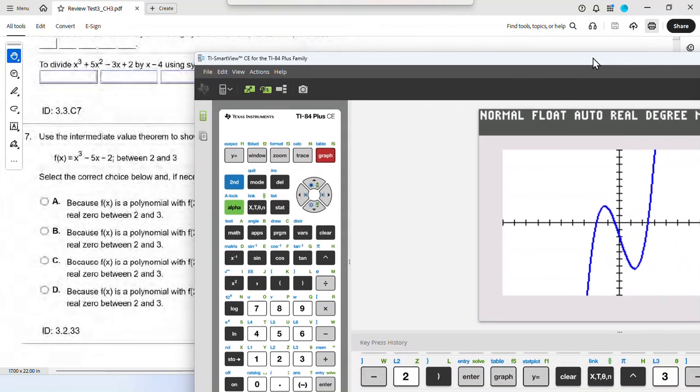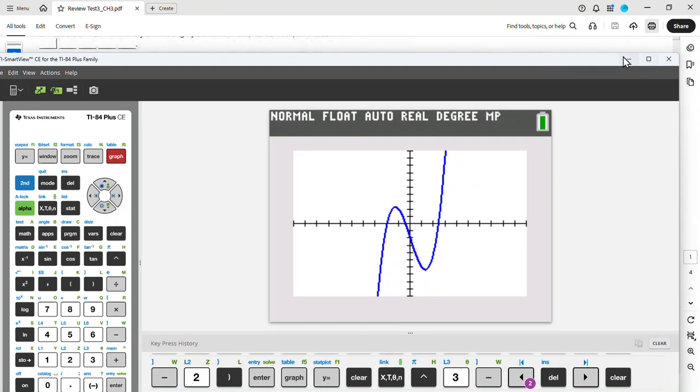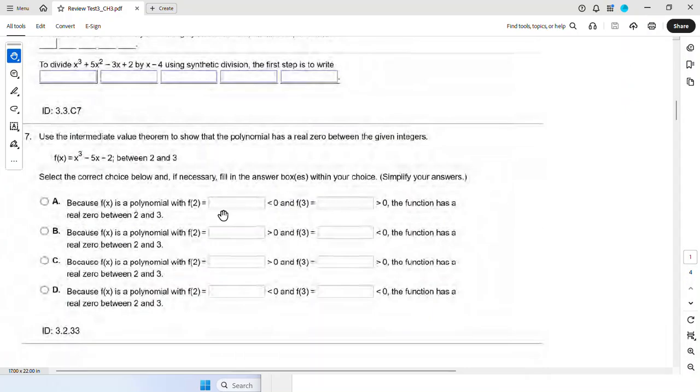Between 2 and 3, look at that: at x equal to 2, y is negative, and at x equal to 3, y is positive. So the graph crosses the x-axis between 2 and 3, because one is negative and one is positive. That is what I mean here. It sounds very fancy to say intermediate value theorem, but basically you just calculate these 2 points and see if it's positive or negative. If the sign changes, that means it has a 0.